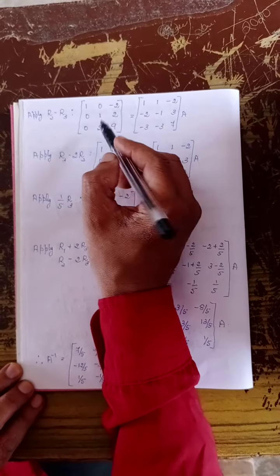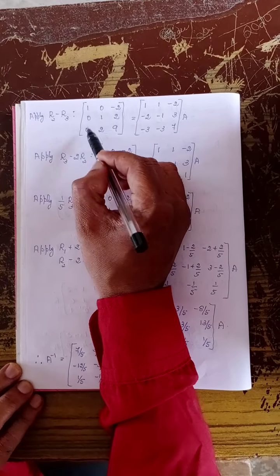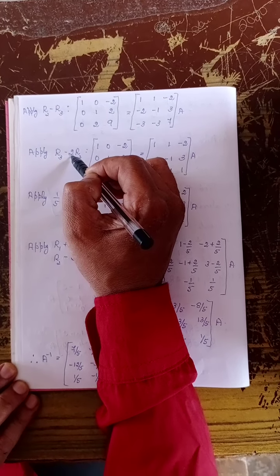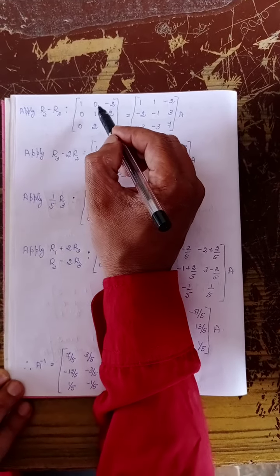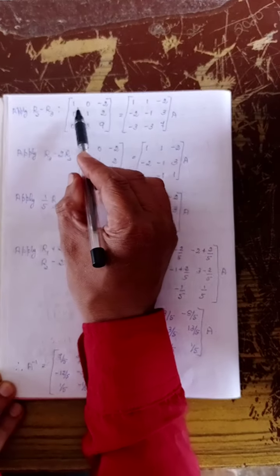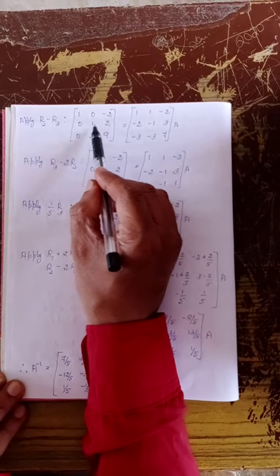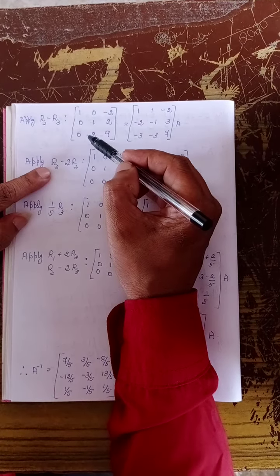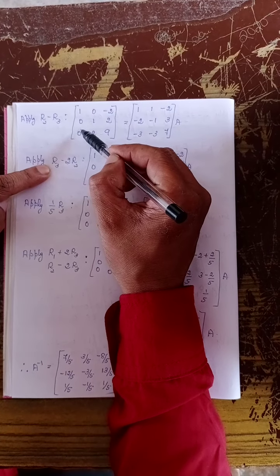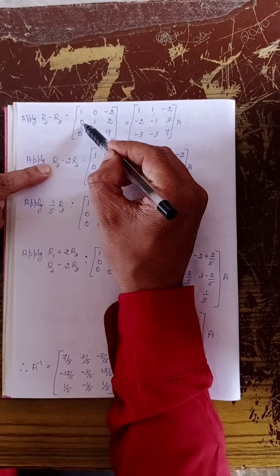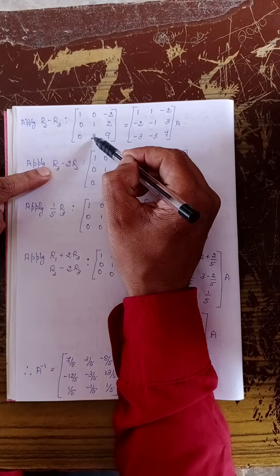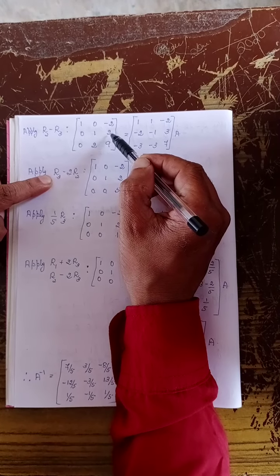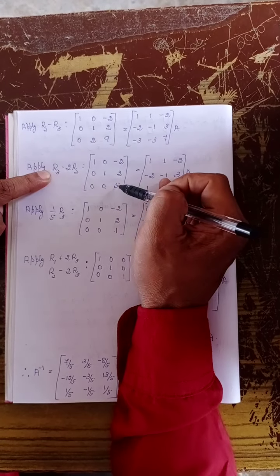R3 minus 2 R2. Now row 3 changes after row 2 is multiplied by the non-zero element 2, and we subtract it from row 3. Hence row 1 and row 2 remain the same, 1 0 minus 2 and 0 1 2, only row 3 changes. So row 3 minus 2 into R2: 0 minus 2 into 0 is 0, and 2 minus 2 into 2 is 0, and 9 minus 2 into 2 is 4, 9 minus 4 is equal to 5.